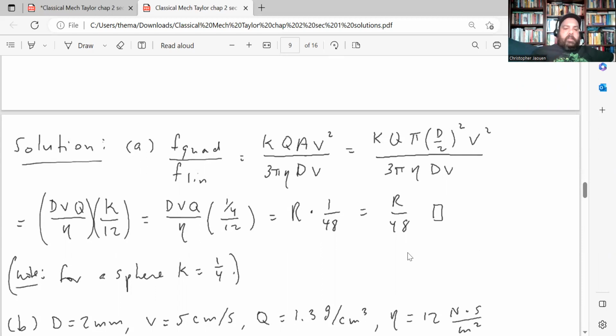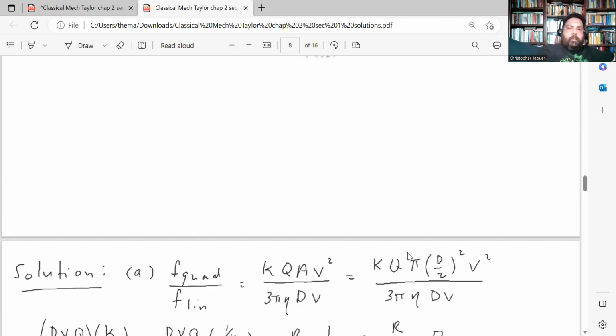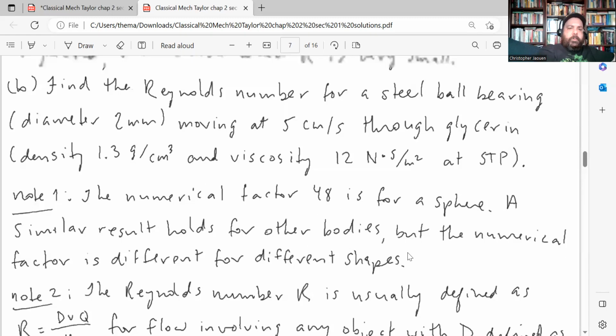Then simplifying and rearranging in a convenient way, you get dvρ over η times κ over 12, which gives you the Reynolds number times κ over 12. And he does say in the next problem that for a sphere, κ is equal to 1/4. So plugging 1/4 in for κ, you get that the ratio of the quadratic drag to the linear drag is R times 1 over 48, right? 1/4 times 1 over 12 is 1 over 48, which gives you the Reynolds number over 48. And that's basically it. Okay, and let's see what part B asks us to do.